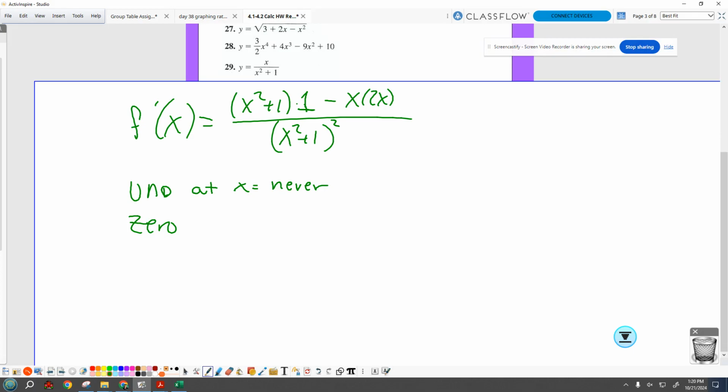Okay, so the top multiplied out, x squared plus 1 minus 2x squared, okay? When is that equal to 0? At 1 and -1. Okay, at 1 and -1, so those are my critical points.